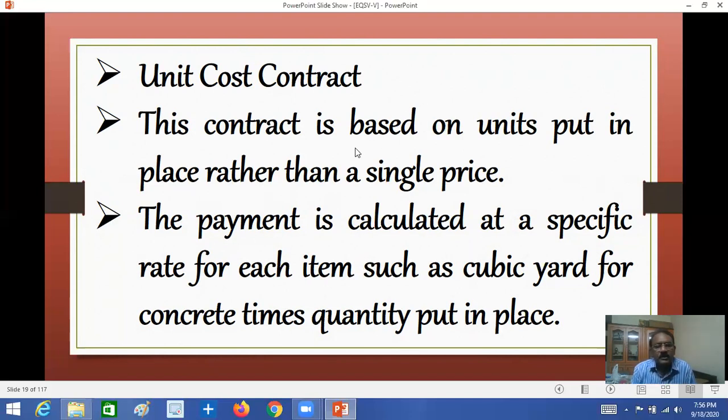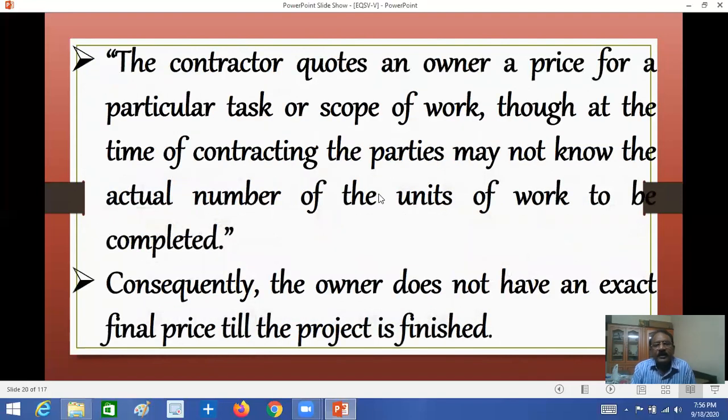Like that, unit cost wise, the contractor quotes an owner price for a particular task or scope of work, though at the time of contracting, the parties may not know the actual number of units of work to be completed, what will come and what will not.